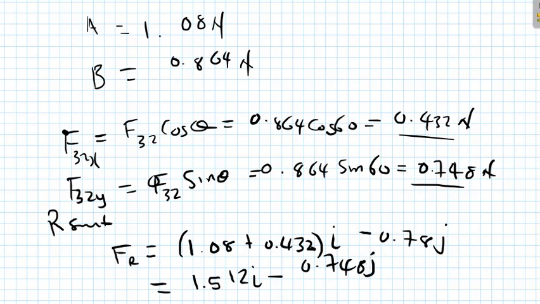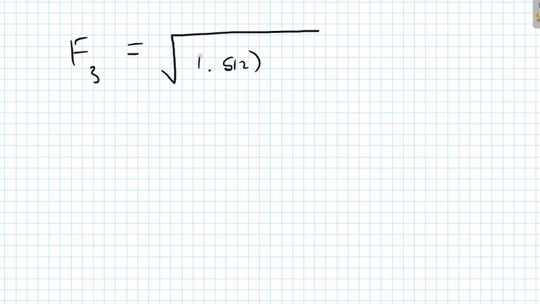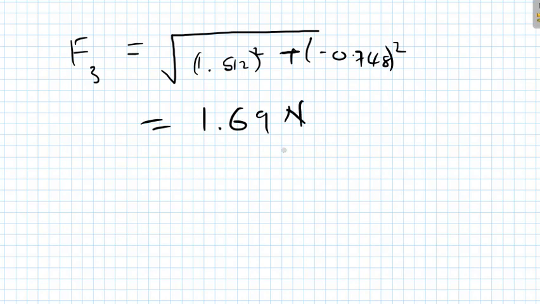So that is what we get, and continuing from there, we know that F3 will be equal to the root of 1.512 squared plus minus 0.748 squared, and this gives us 1.69 newtons.